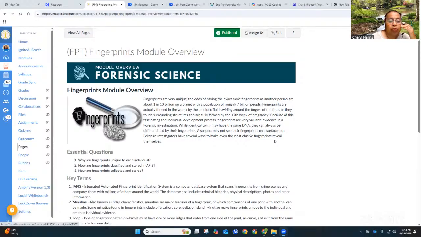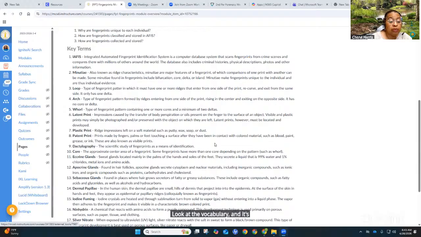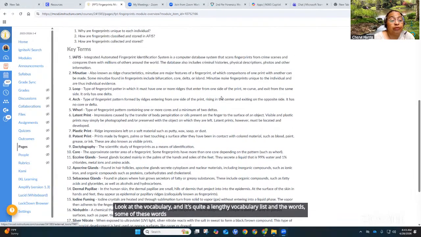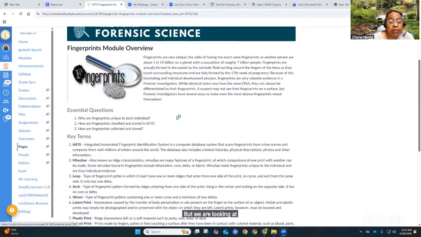Right, and as always, look at the vocabulary, and this is quite a lengthy vocabulary list. Some of these words are wonderful. But we are looking at fingerprint techniques.